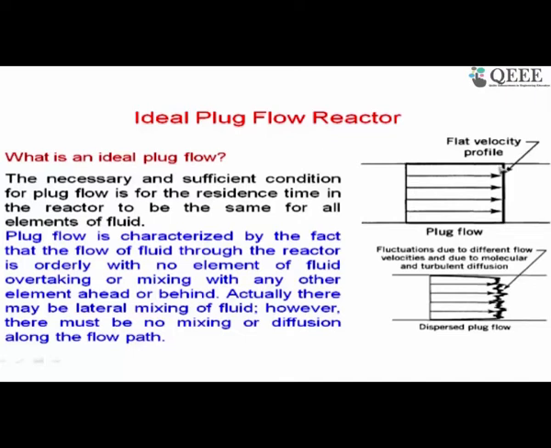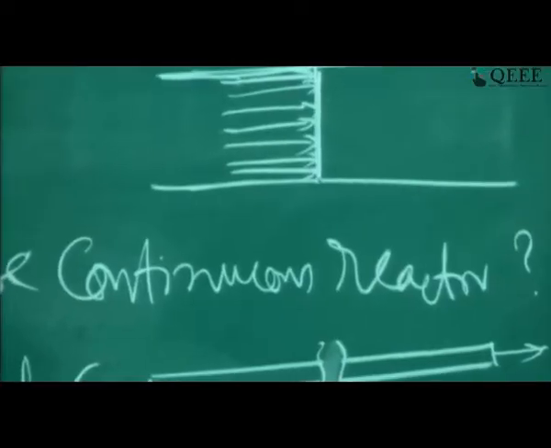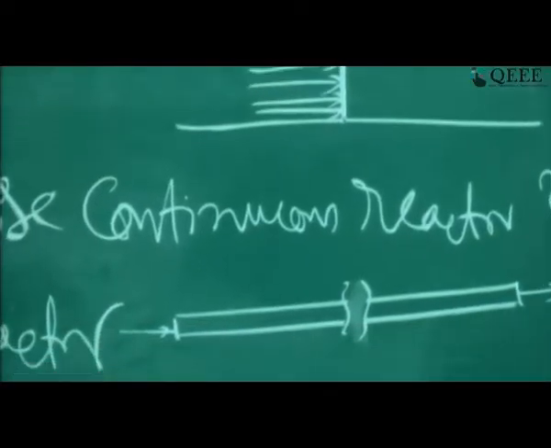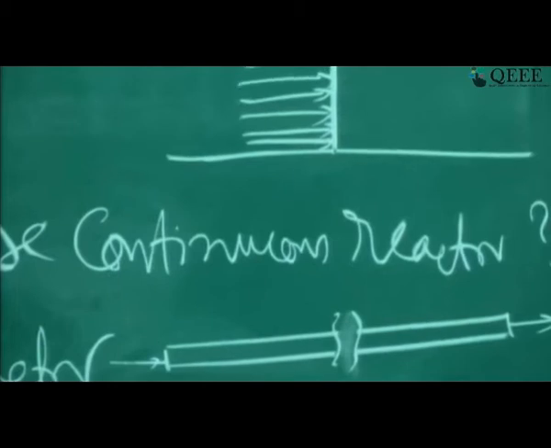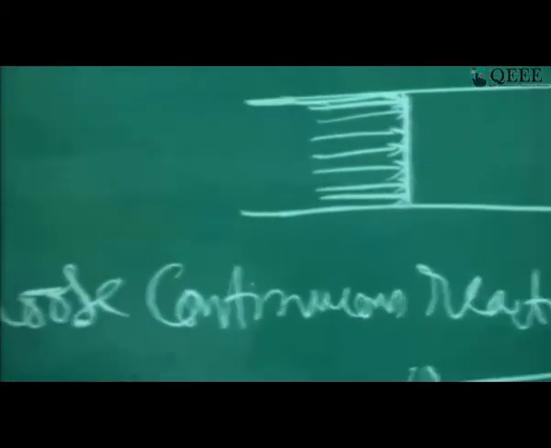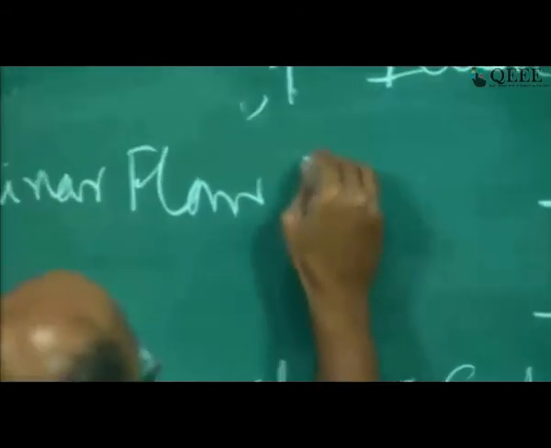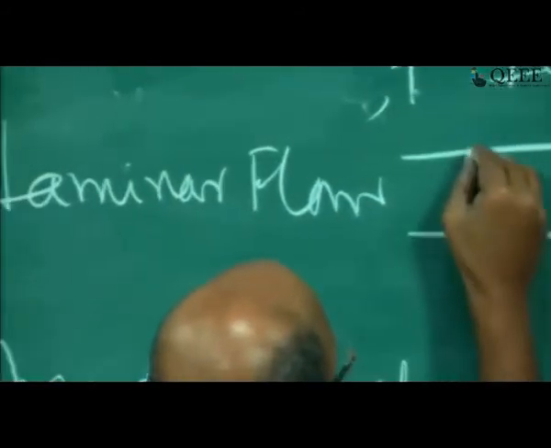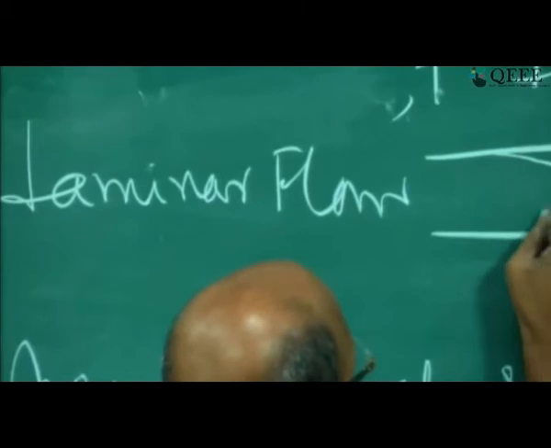And now please recall your fluid mechanics. When you have a tube and some fluid is flowing inside, whether gas or liquid, you have what is called laminar flow and what is called turbulent flow, right? For laminar flow, the profile will be something like this.